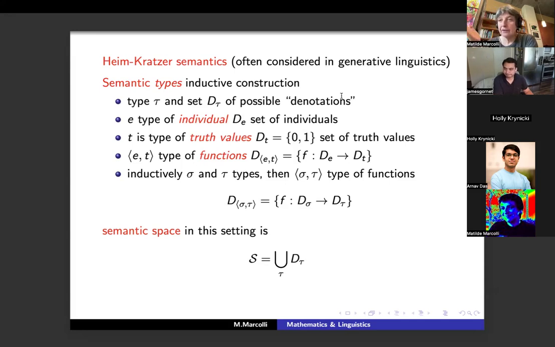The first thing that one can do is form functions from the set of denotations of individuals to the truth values. These assign a truth value to something being a certain individual. And so the level set of one of such functions consists of all the individuals for which that evaluation is true.